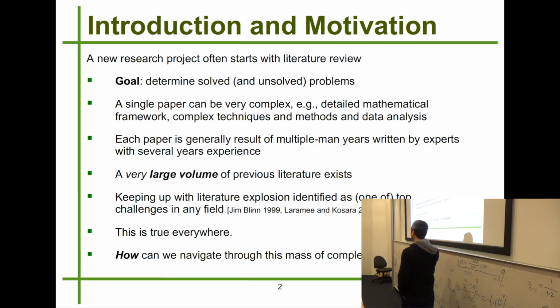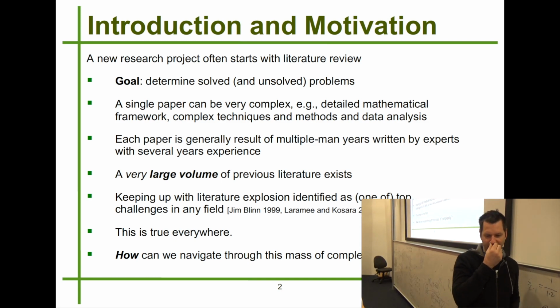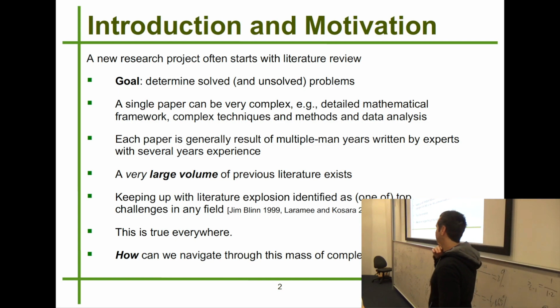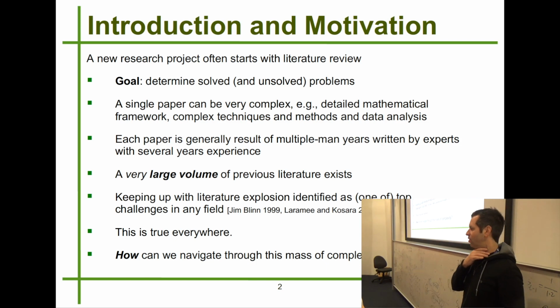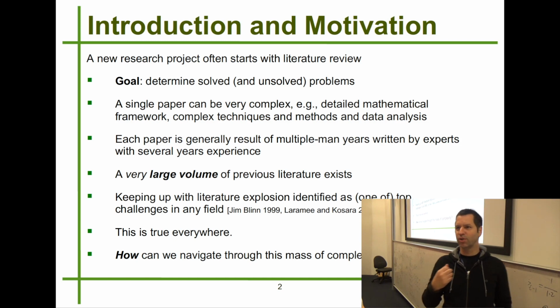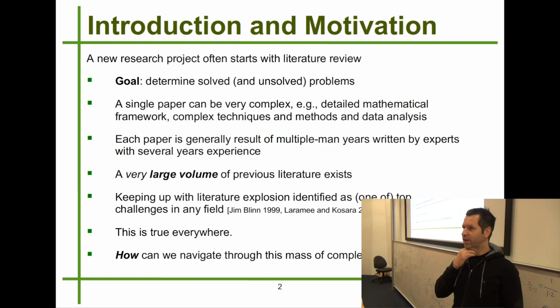A literature review will help you discover what problems have been solved and what problems are not yet solved. And doing original research requires you to work on an unsolved problem. By the way, your master's thesis dissertations do not require you to work on an unsolved problem. But research in general, good research in general, does require you to work on an unsolved problem.